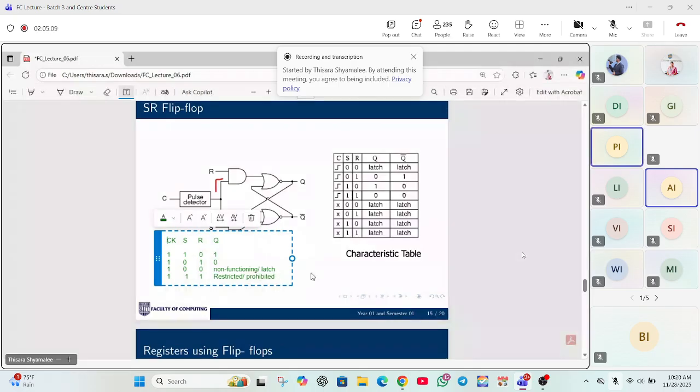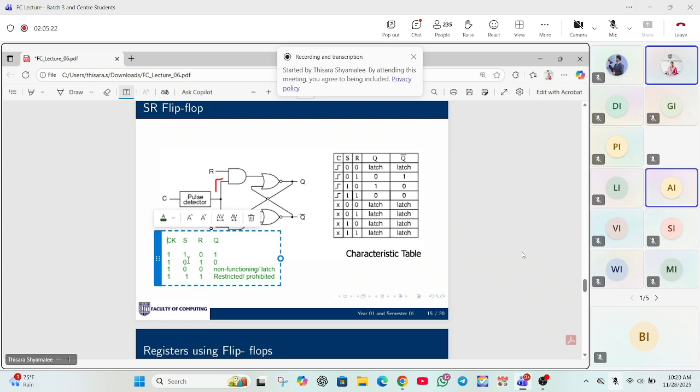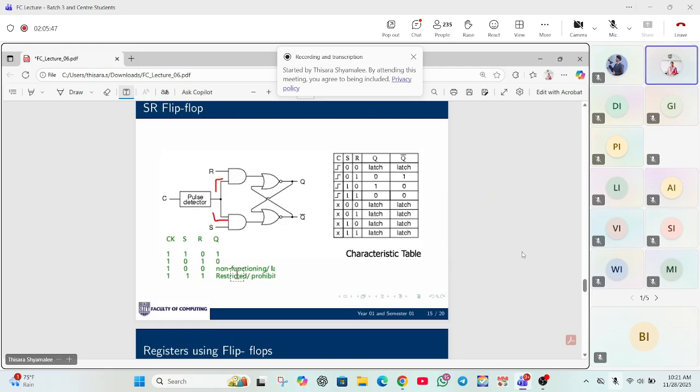I'm a little bit confused here. Are you asking why I'm not taking the 0 and 0 as the first option?